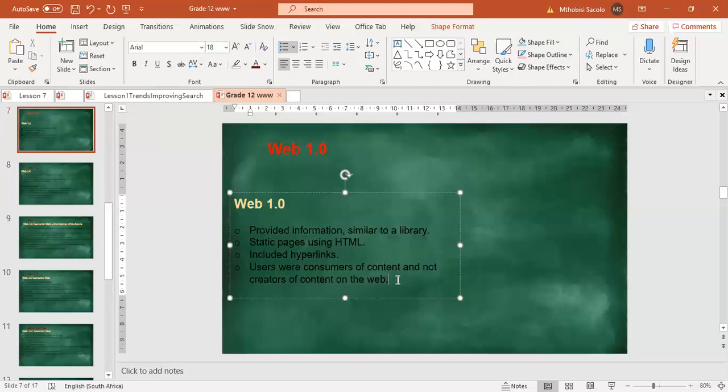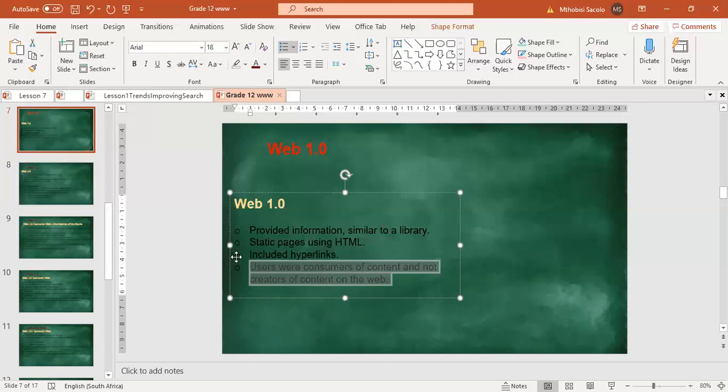So in web 1.0, we are just going to have a static website which is hardly updated. Every time you open it, the information will remain the same. Even if different users open the website, it will give them the same sort of information.